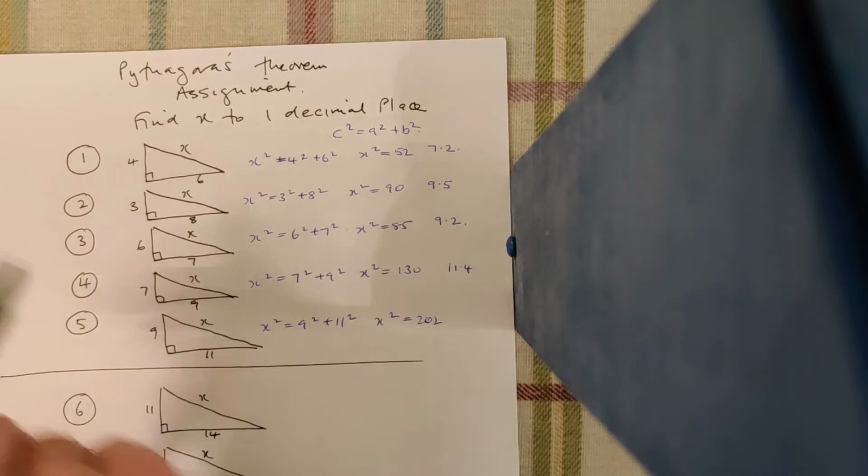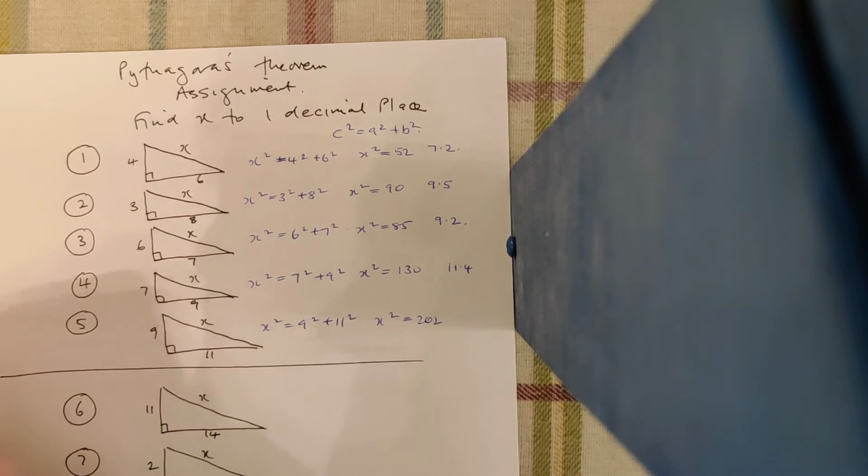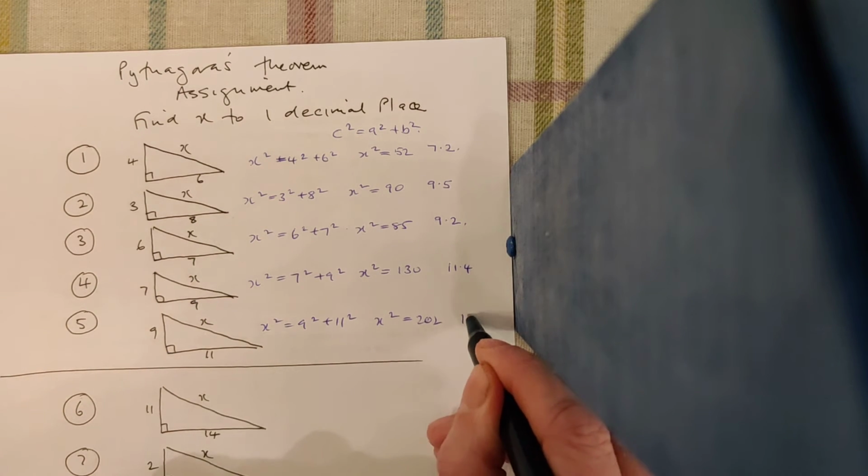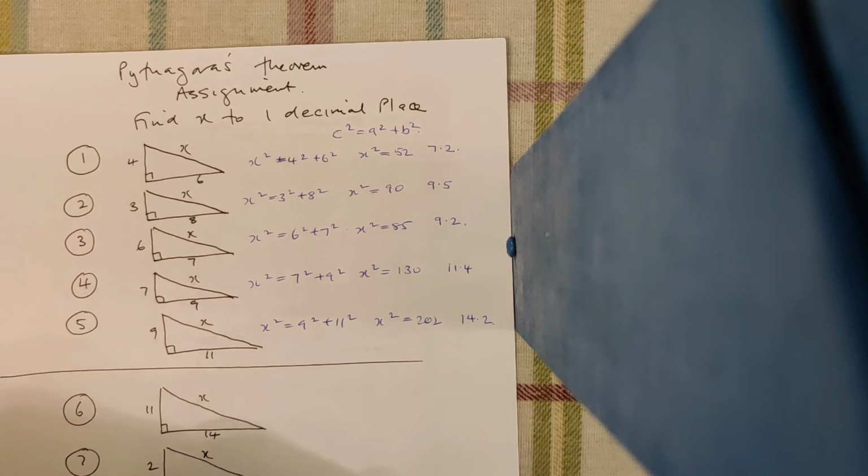So we need to square root 202, and the answer I'm getting is 14.2. So just to run through those, the answers for the first 5 questions are 7.2 is number 1, number 2 is 9.5, number 3 is 9.2, number 4 is 11.4, and number 5 is 14.2.